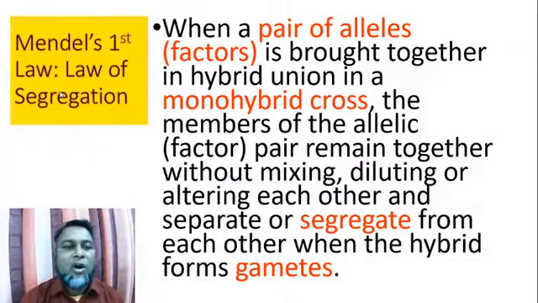The definition of law of segregation: when a pair of alleles or factors is brought together in hybrid union in a monohybrid cross, the members of the allele or factor pair remain together without mixing, diluting, or altering each other, and separate or segregate from each other when the hybrid forms gametes.